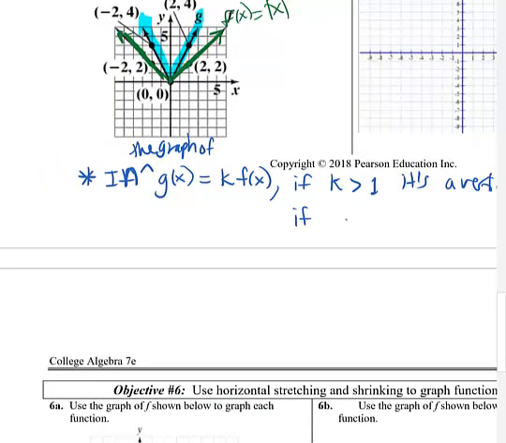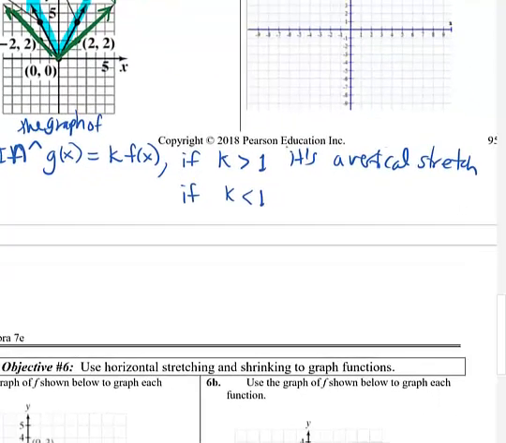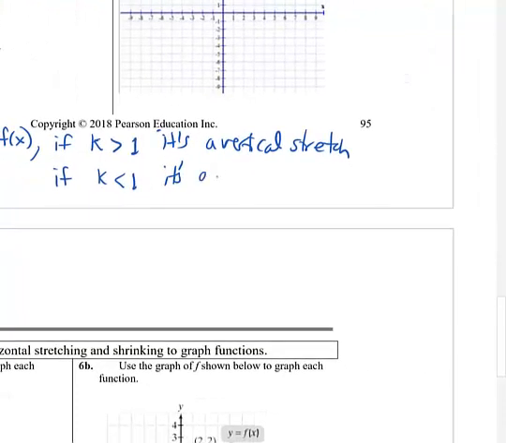But if k is less than 1, so it's a fraction or a decimal, like a half or a third or 2/5 or 0.5, it's a vertical shrink.